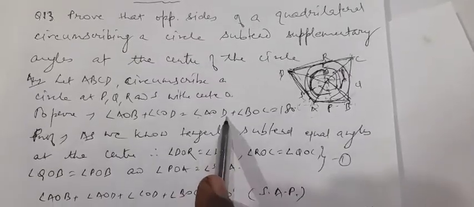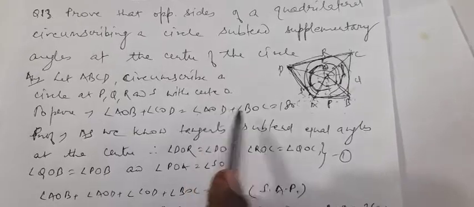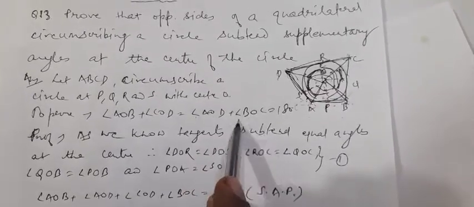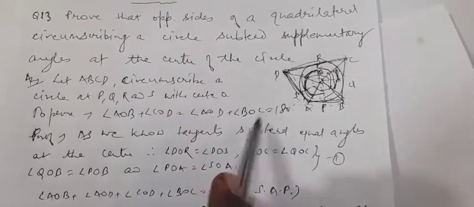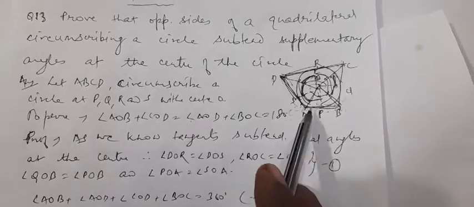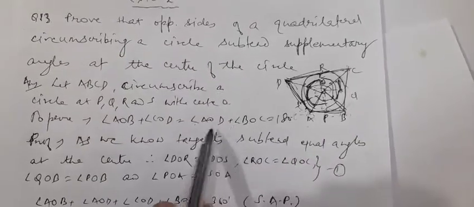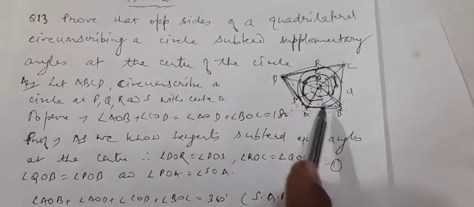Similarly, side AD subtends angle AOD at the center and the opposite side of AD is BC, which subtends angle BOC at the center of the circle. So angle AOD plus angle BOC will be equal to 180 degrees. That is what we have to prove over here. These are the angles subtended by the opposite sides of the quadrilateral at the center of the circle.